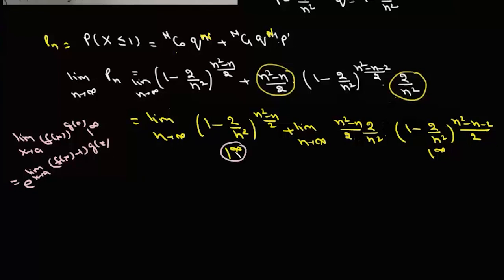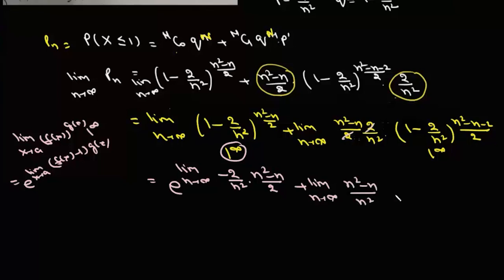Now since it is of the form 1 to the power infinity, we can write this as e to the power the limit as n tends to infinity of (f(x) minus 1), which is 2 upon n square, and then (n square minus n) by 2, plus this limit as n tends to infinity. Now here 2 will cancel, it will be (n square minus n) upon n square, and we can write this as e to the power this limit as n tends to infinity.